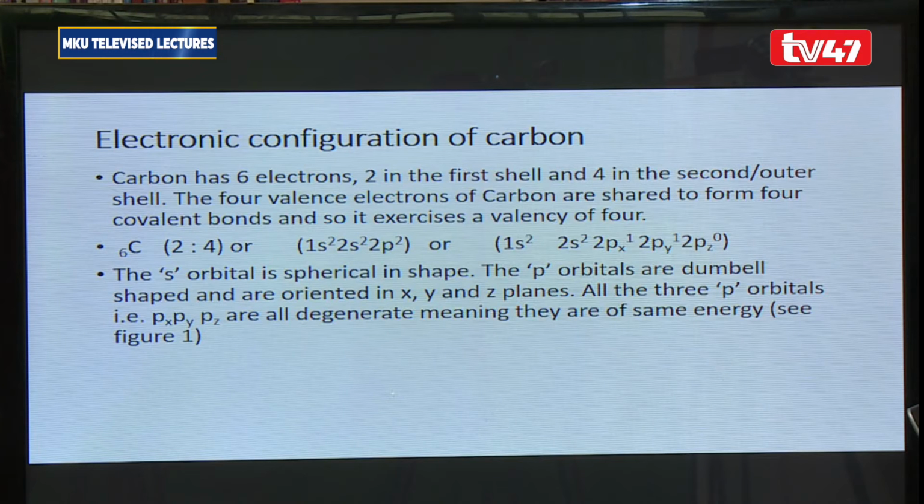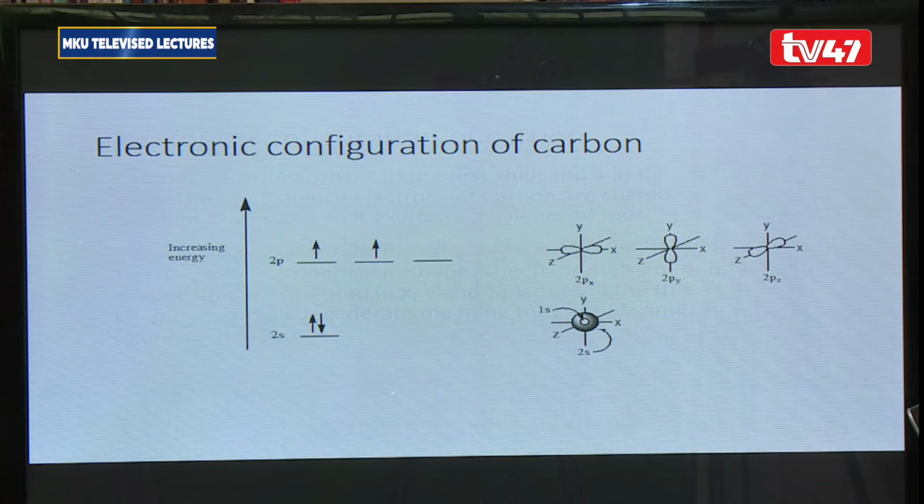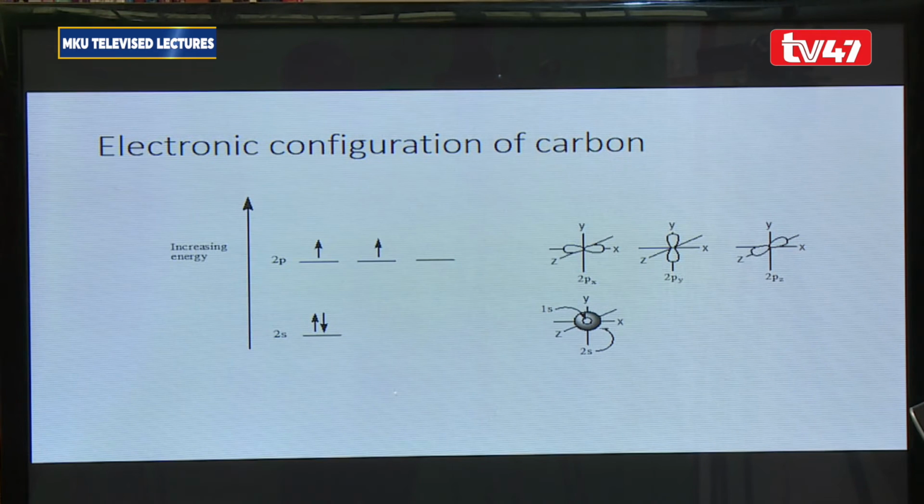In that case, ideally, in the ground state, carbon should have 2 unpaired electrons in principal quantum shell number 2, in some of the p orbitals, and so the unpaired electrons should be in the p orbitals. But then, in that kind of a situation, carbon would not be able to be tetravalent.